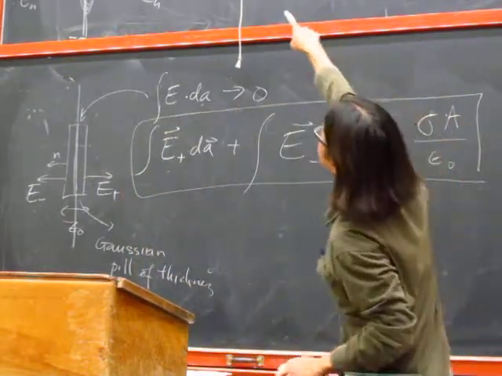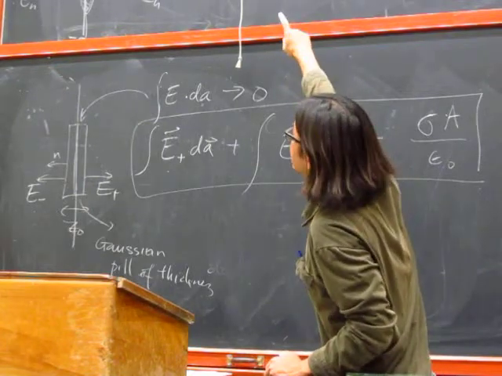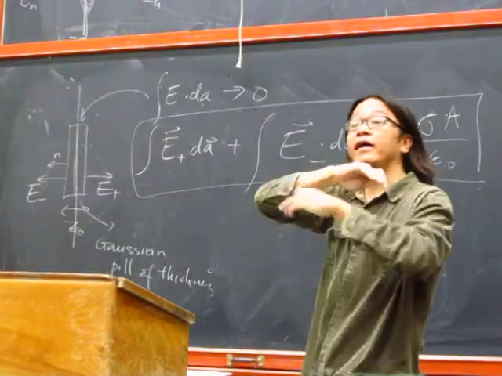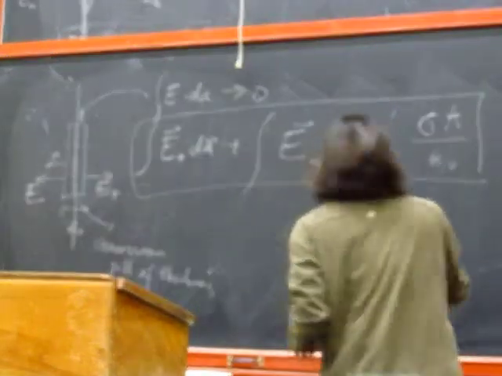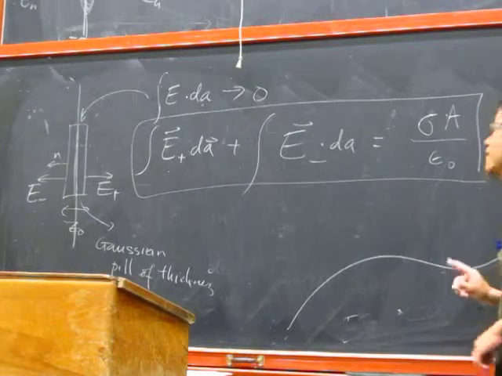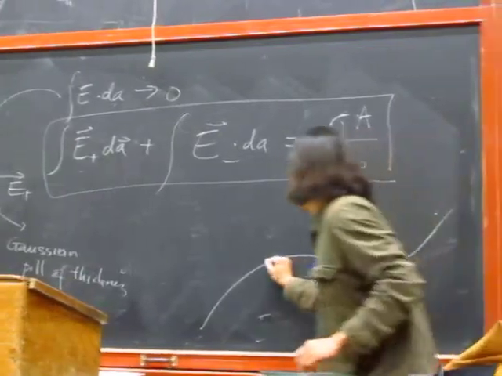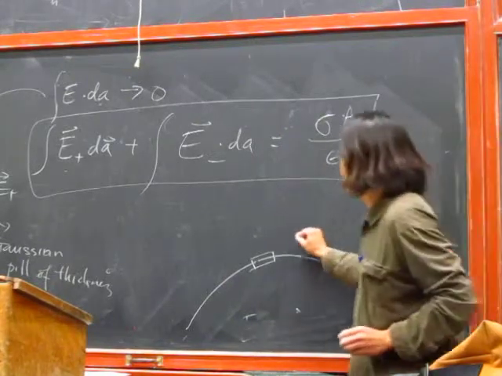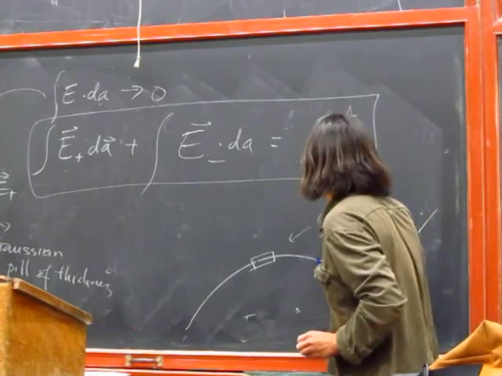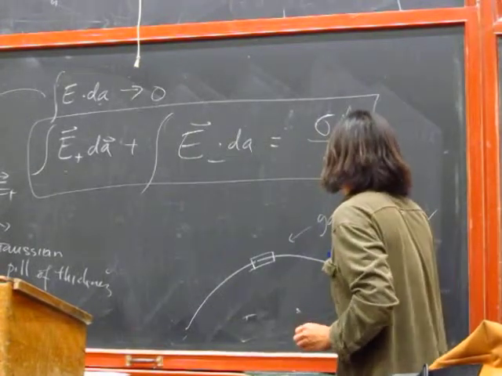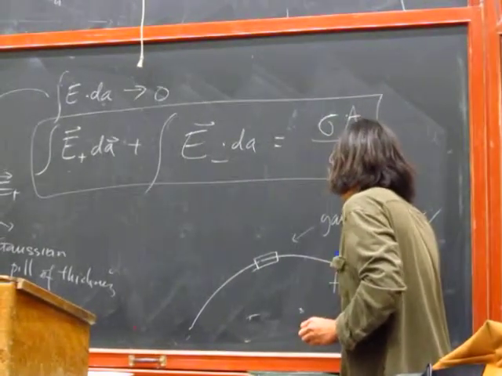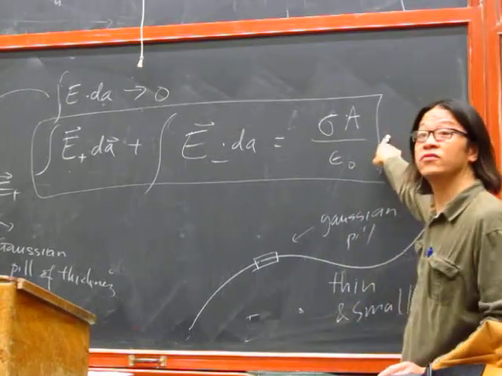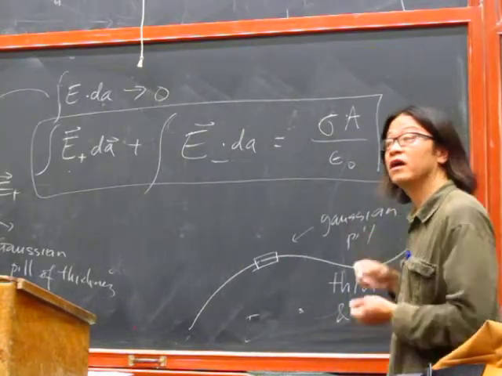Basically, I'm saying that this result is not just a mathematical idealization. I can consider a pillbox very close to a surface, right? The surface doesn't have to be flat. It can be any surface, as long as I can construct my Gaussian pillbox small enough, and this is always true.